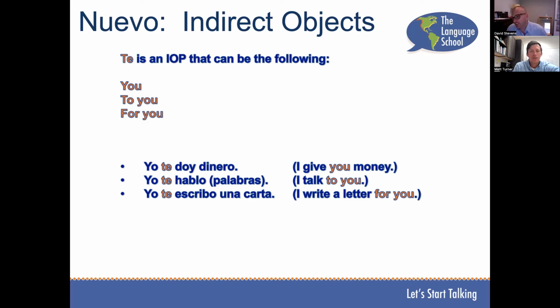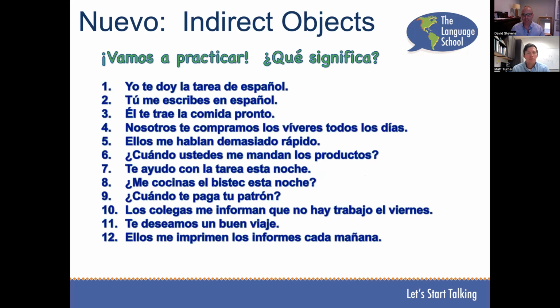In English, and in Spanish too, you wouldn't really say that. You just say, I talk to you. But to you is technically the indirect object. It's not direct. You are not the person being talked. You're the person being talked to. So kind of an odd one.